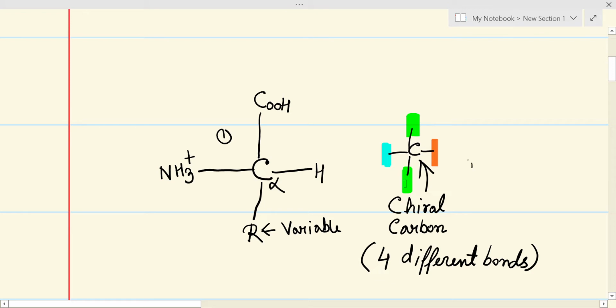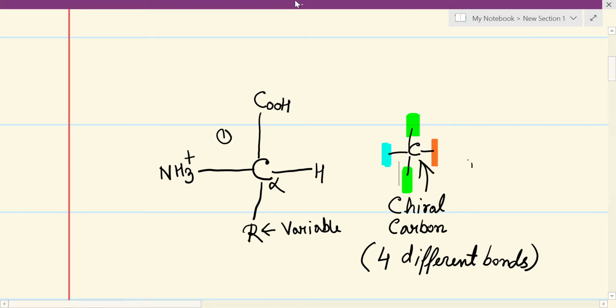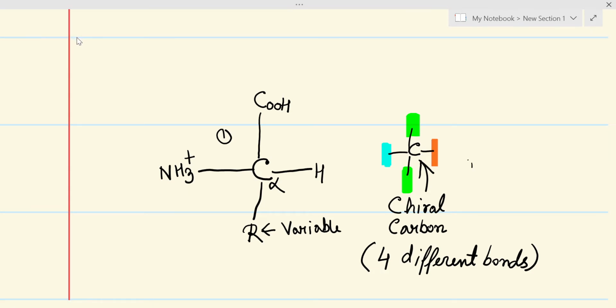So this carbon is no more chiral in nature. So this is now known as an achiral carbon, because now the 4 bonds are not different. So I am cutting this word different here.